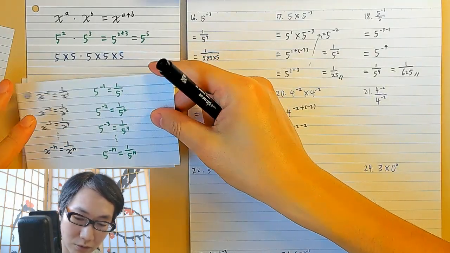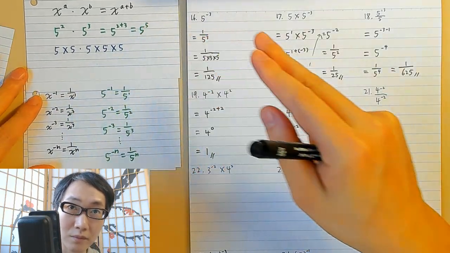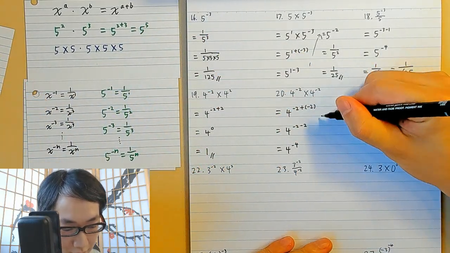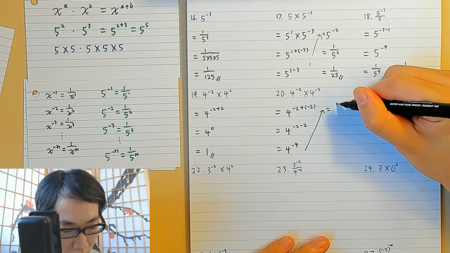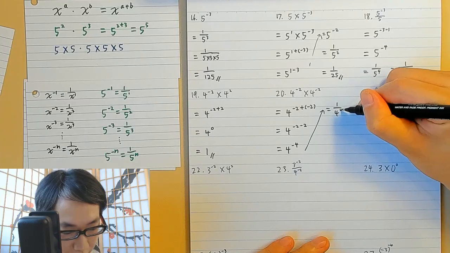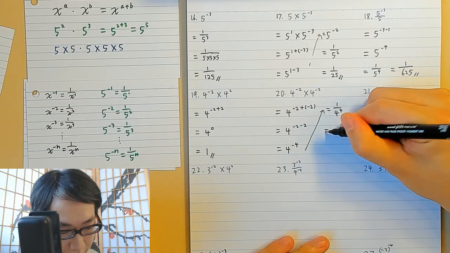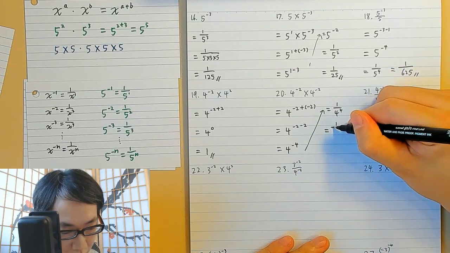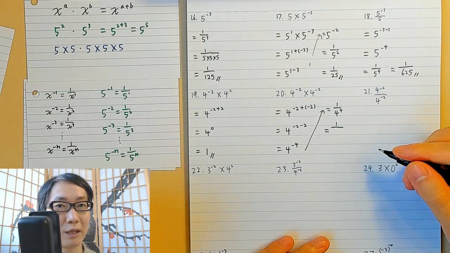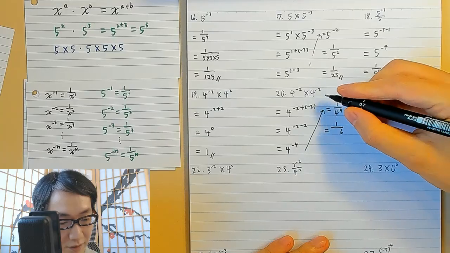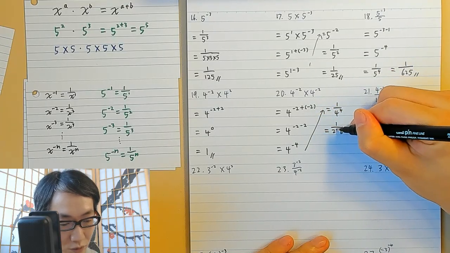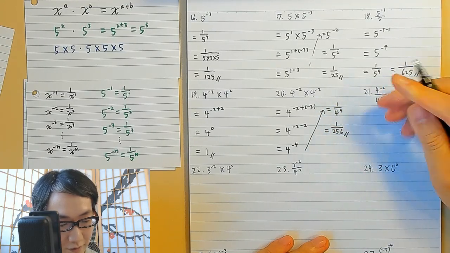Then use this rule. It equals 1 over 4 to the power of 4. This is 1 over 4 times 4 times 4 times 4, which is 256. Okay.